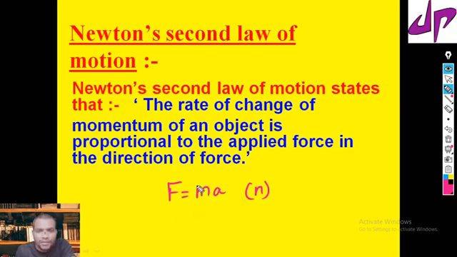To define force, we need to define momentum first. Momentum P equals the product of mass and velocity. And to define force, first we need to define the rate of change of momentum.